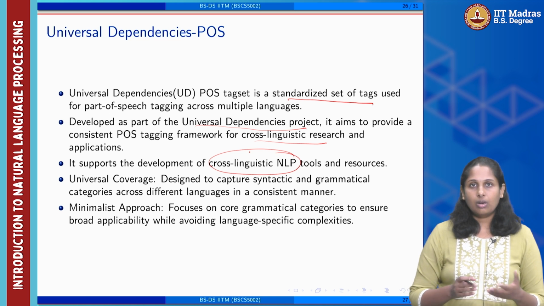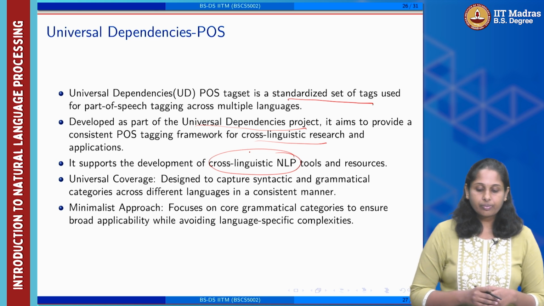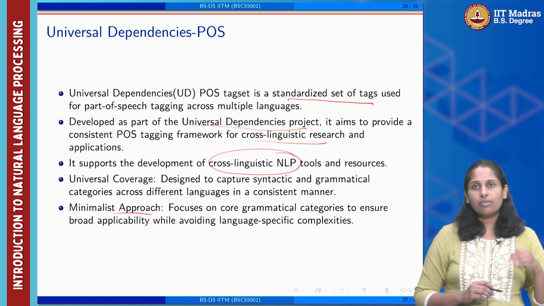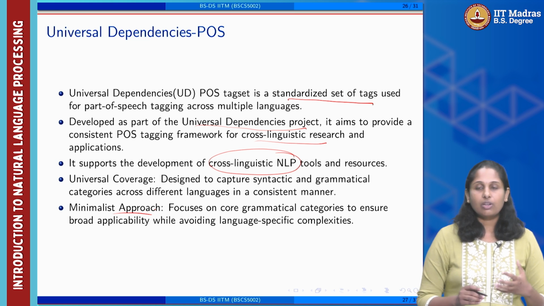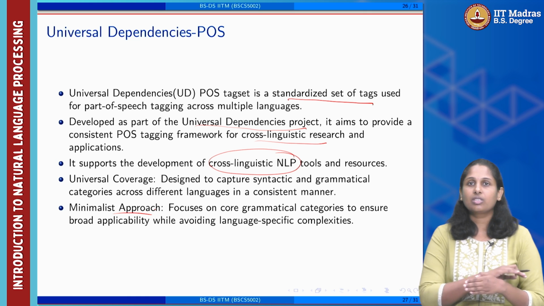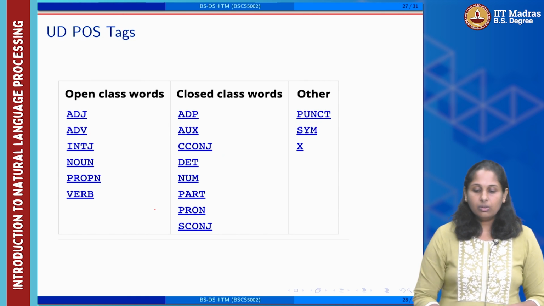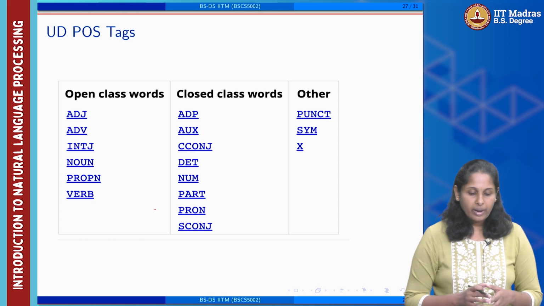So the POS tags coming from UD might help us. And it uses again a minimalistic approach. Instead of going for multiple tags, it only selects the categories which are very core for any language and represent across the board. So these are the POS tags used by UD.